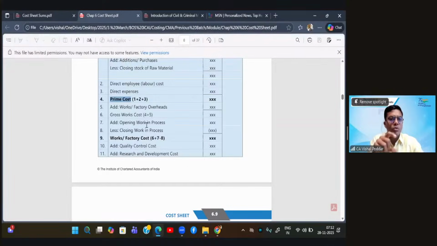Now, these overheads are then bifurcated into three categories as per the functions. First is production, the second is administration, the third is selling and distribution. So the total overheads of any business can be broken up into these three categories.